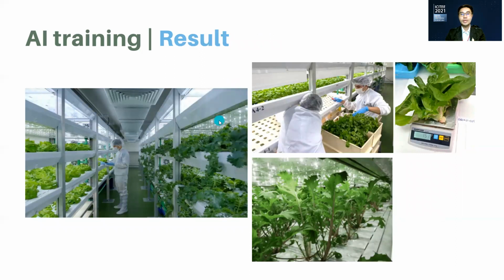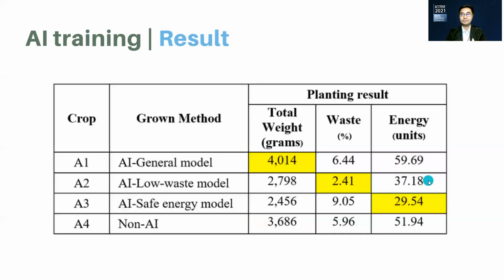For the results, we collect the plants from our clocks, and we use a scale to measure the weight of the plants, and we also collect the electricity used and the waste of each clock.